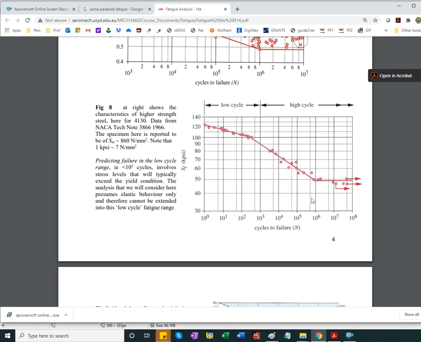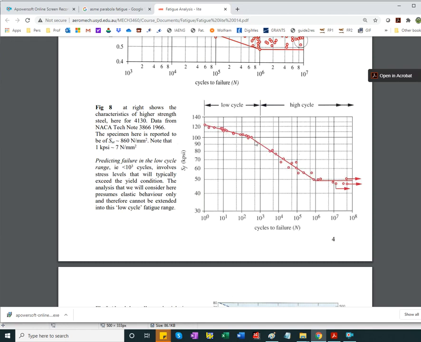What was noticed was that below a certain stress level, the specimen will never break, and that maximum stress where failure does not occur is called the endurance limit of the material. Now you must understand, this is a regression line, so there are data points above and below.